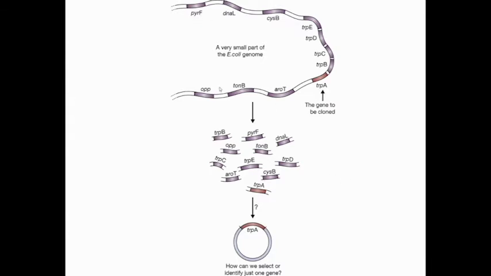For this example, you have a genome and you try to clone a specific gene. Once you clone, you need to identify or select just this specific gene, and there are many different ways to do that.